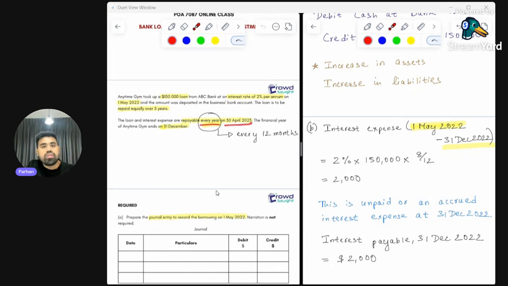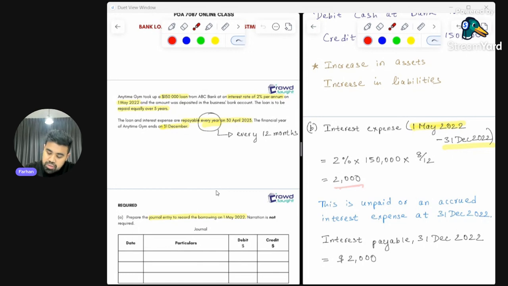We know the loan was taken on 1 May 2022, and the first repayment using cash or funds available in the bank account is going to be after 12 months from 1 May 2022, which means it's going to be at 30 April 2023.